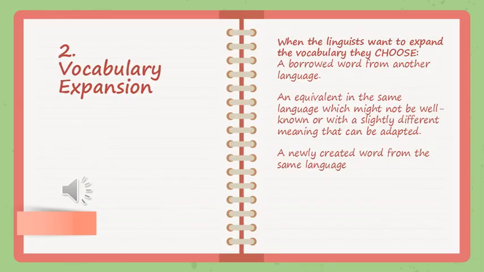Second, vocabulary expansion. When the linguists want to expand the vocabulary, they choose a borrowed word from another language, an equivalent in the same language that might not be well known or with a slightly different meaning that can be adapted, or a newly created word from the same language.